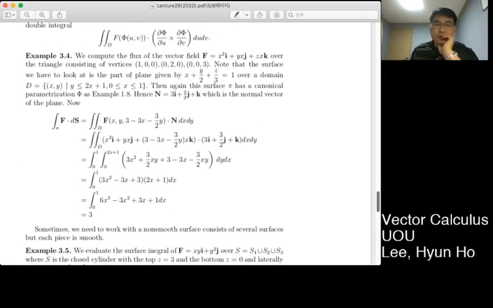Example 3.4: we compute the flux of the vector field large F over the triangle consisting of vertices (1, 0, 0), (0, 2, 0) and (0, 0, 3). So let's think about the picture on the iPad.